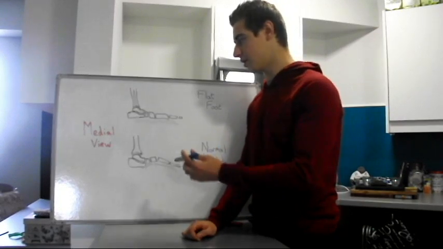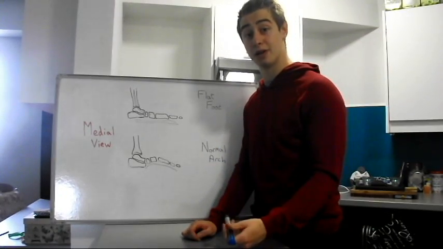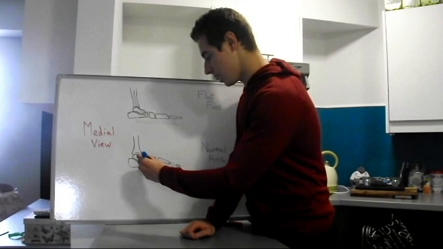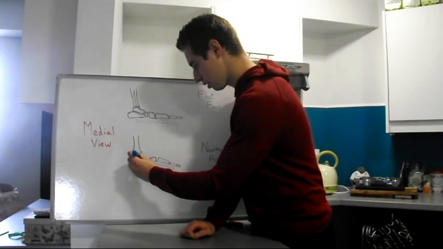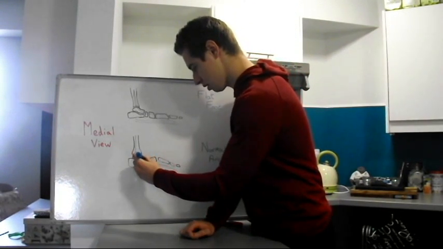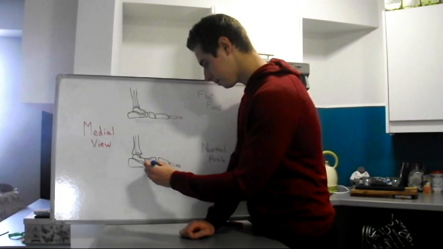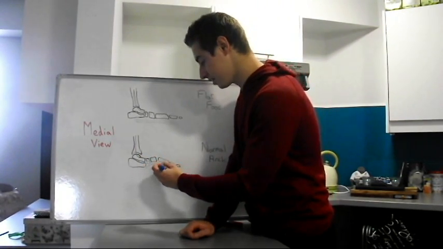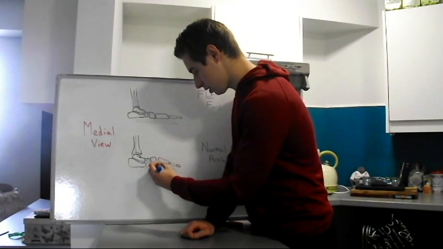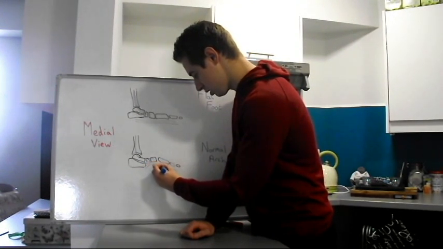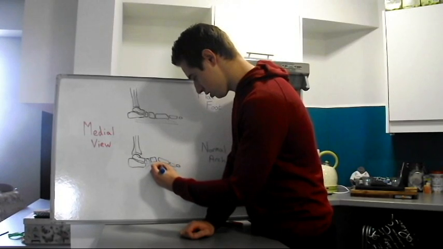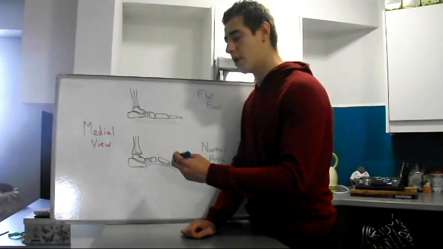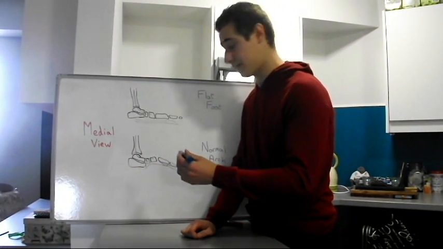So now what we want to do is some exercises to strengthen these up, mainly the tibialis posterior, running up here from there, the flexor hallucis brevis, which will run from here to here, and the abductor hallucis.